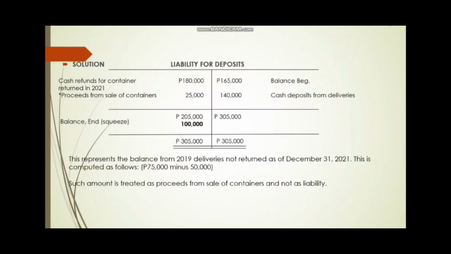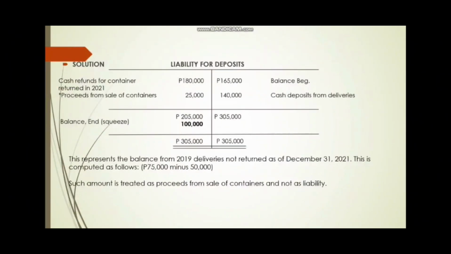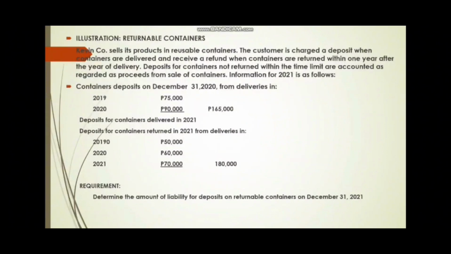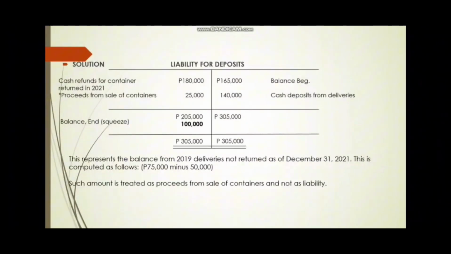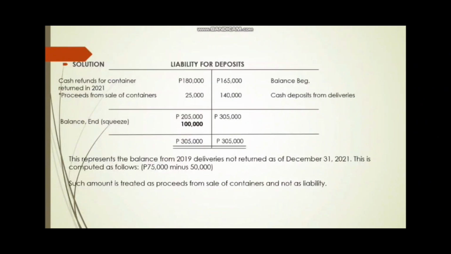So for the solution, cash refunds for containers returned in 2021 amount to 180,000. You put that there. And then, since it is 2020, the beginning balance is 165,000 pesos. And then the proceeds from sale of containers, 25,000, where does it come from? It comes from the 75,000 of 2019 minus the 50,000 returned, so 75,000 minus 50,000 is 25,000.